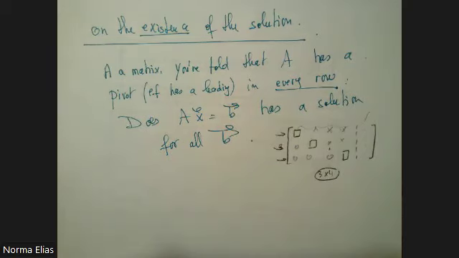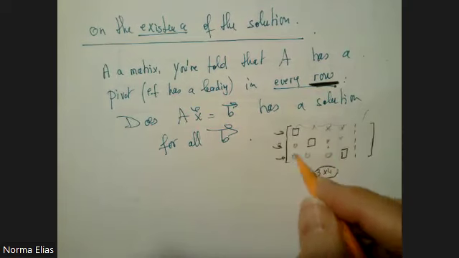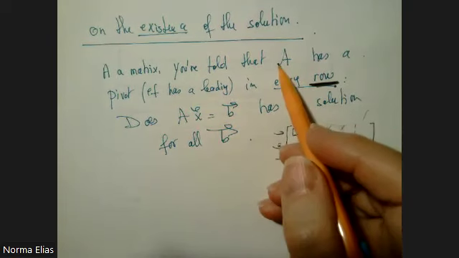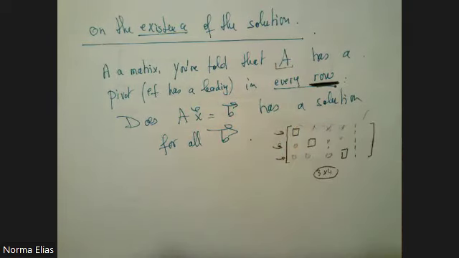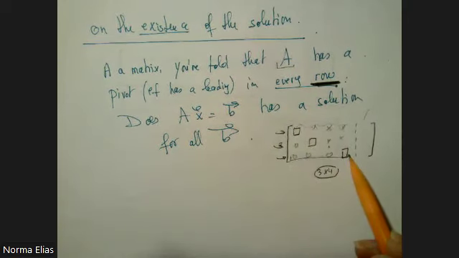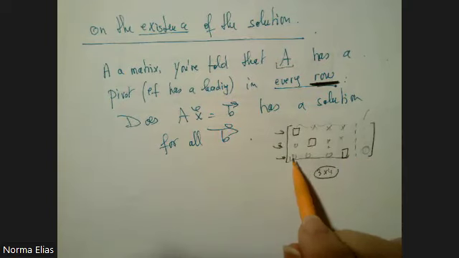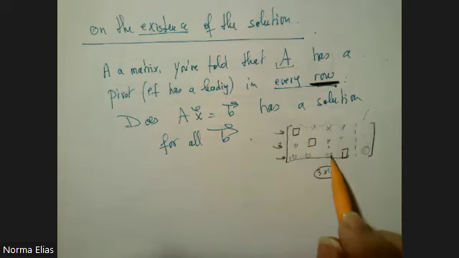Absolutely, it is yes. Because if I have a pivot in every row of the coefficient matrix, remember A is the coefficient matrix, there is no way I'm going to have a pivot in the augmented term. It means I will never have the scenario 0, 0, 0, 0 with a non-zero term.